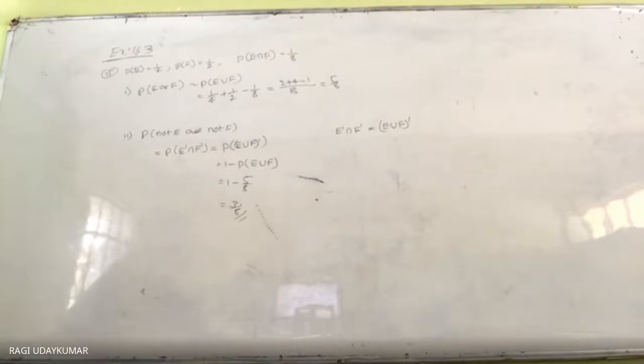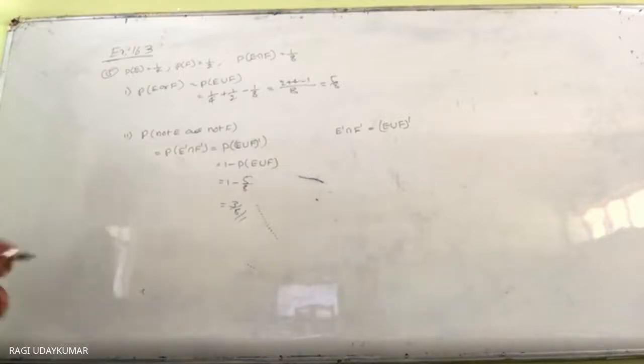Okay. So the 16th question also has E and F as the two events. State whether E and F are mutually exclusive or not. If the intersection is equal to the empty set, then they are mutually exclusive; otherwise not. So you need to find the intersection in this situation.